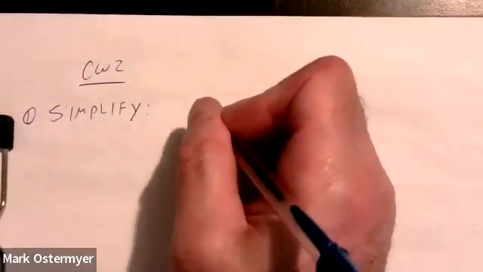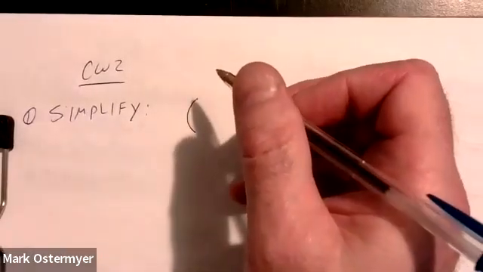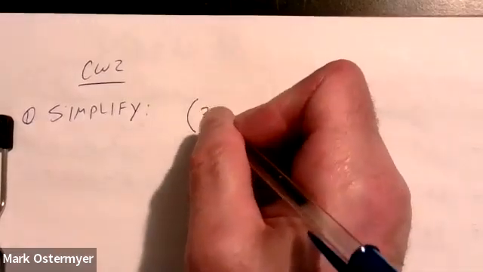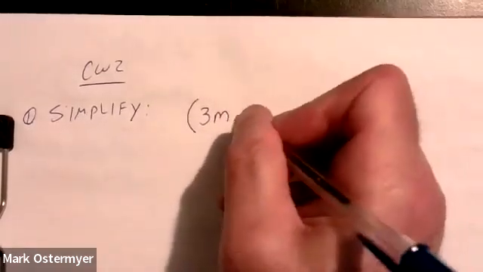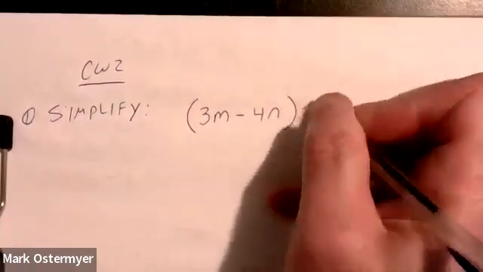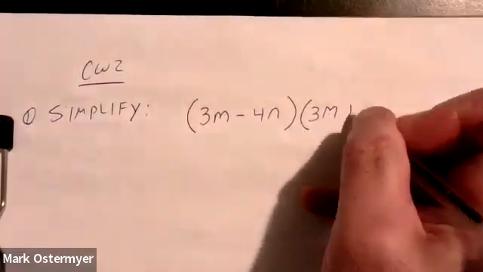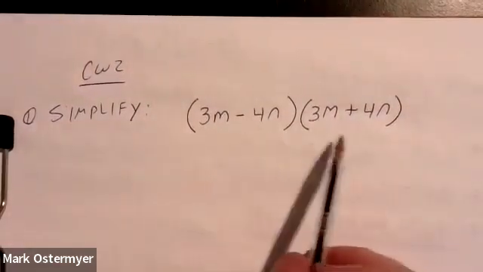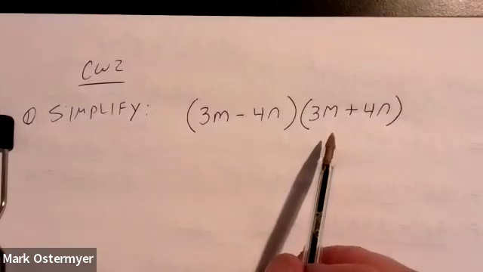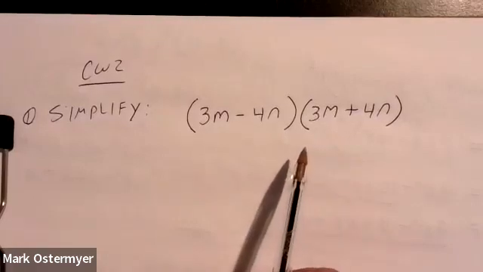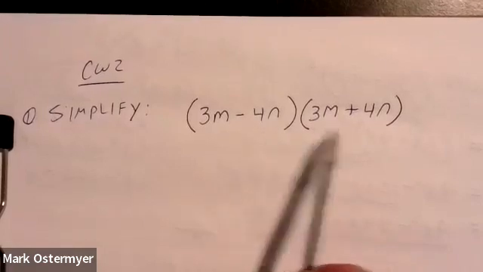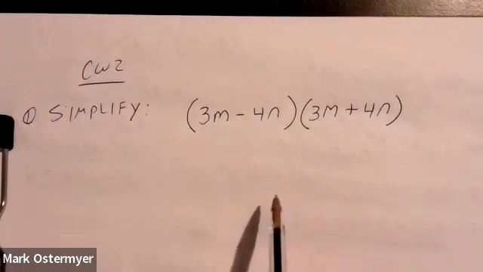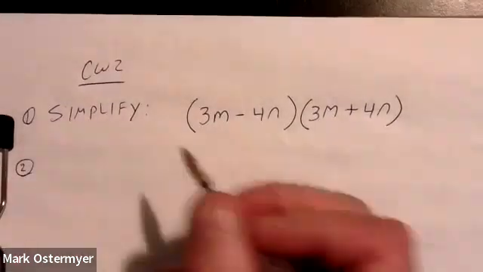The first one is 3m minus 4n times 3m plus 4n. See if you can come up with the correct product of these binomials, and it would be great if you could use an appropriate pattern to speed things up. If you can't remember the pattern, feel free to FOIL it all out. You'll get the same answer in the end, but a pattern will expedite things.